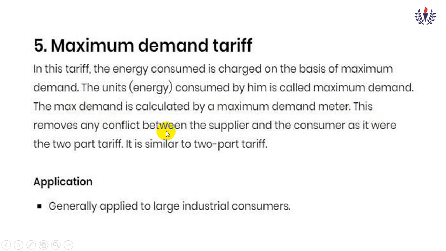This removes any conflict between the supplier and the consumer, as we had in the two-part tariff. In the two-part tariff, one is the maximum demand plus kilowatt hour consumed, but here the tariff is charged only based on the maximum demand. That maximum demand is measured using a maximum demand meter. It is generally applied for large scale consumers.